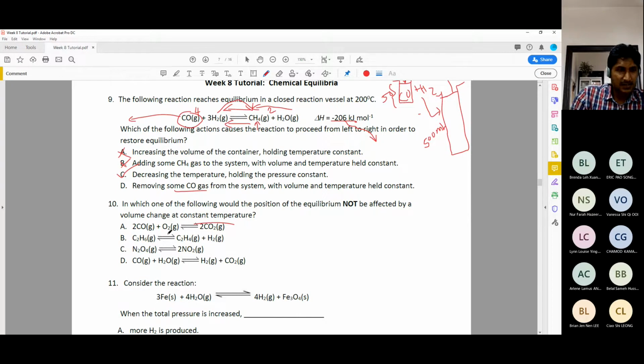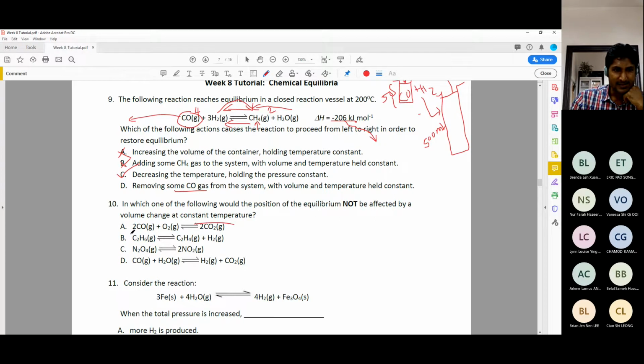None of these gives us any hint about whether the reaction is endothermic or exothermic, but it tells us that we keep the temperature constant, whatever temperature, exothermic or endothermic, doesn't matter. We do not give or take temperature from any of them, but we are just changing the volume.